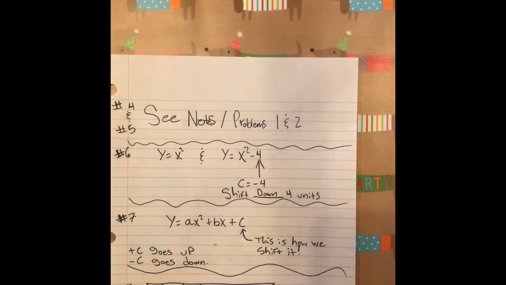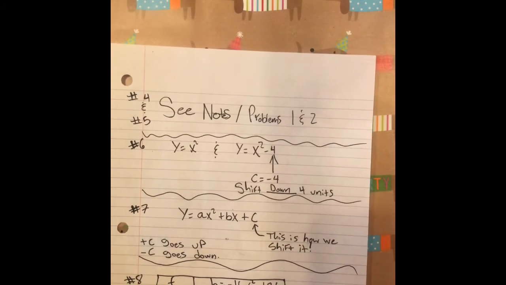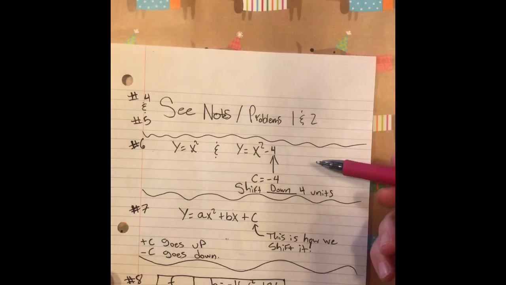Question number 7 is a true or false, and I'm probably going to over-explain it, but honestly, I don't really care. So here you are. You can either skip forward or listen. So it says, tell whether the statement is true or false. Positive values of C shift the vertex up. Negative values of C shift the vertex down. Literally what I was just talking about for this problem.